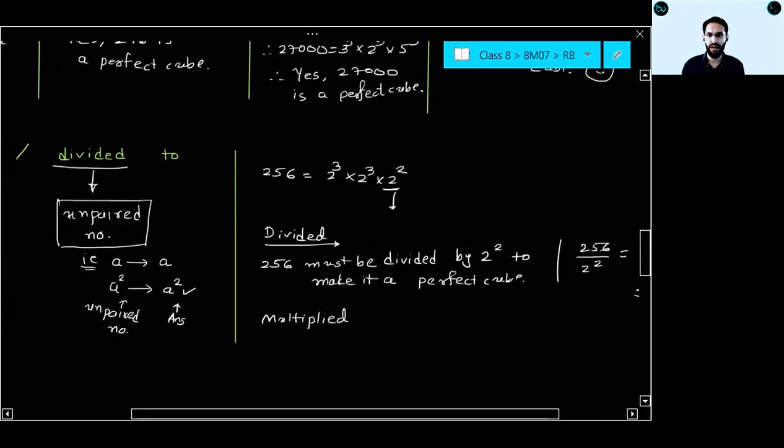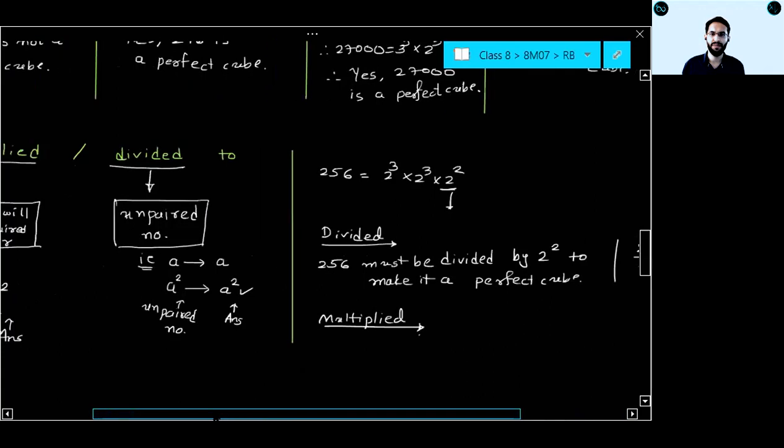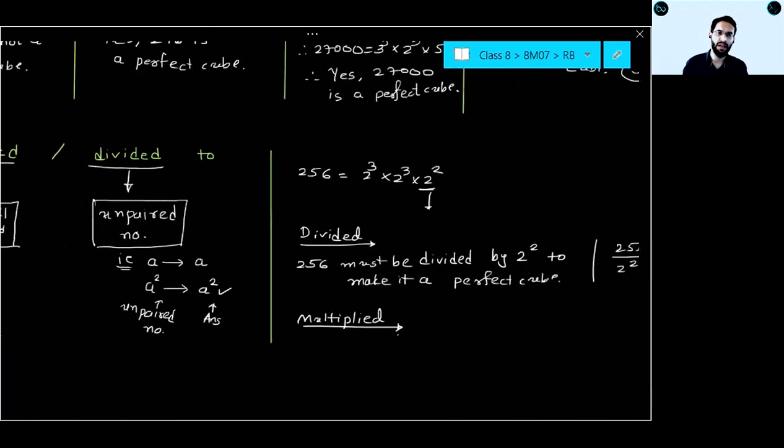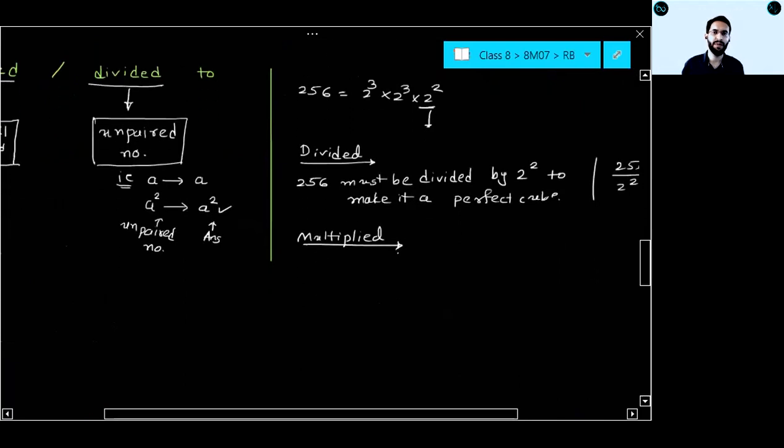Yes, Madhusudan, tell me. For multiplied, what should be your answer? Check this table. For multiplied, the number which will make the unpaired number a pair. So for A, which number can be multiplied to make it a perfect cube? A. So for 2 square, which number should be multiplied? 2 or not?